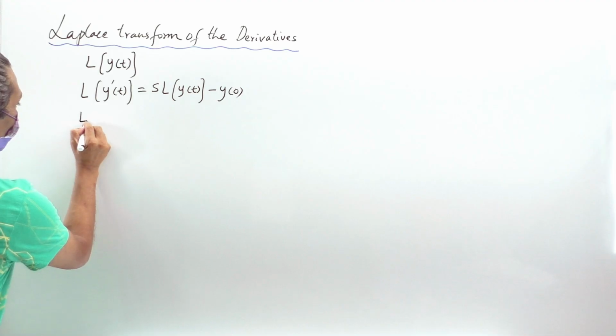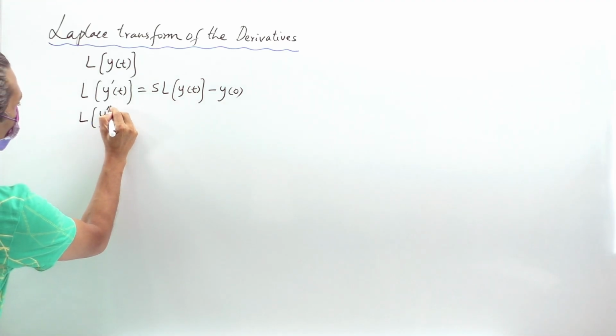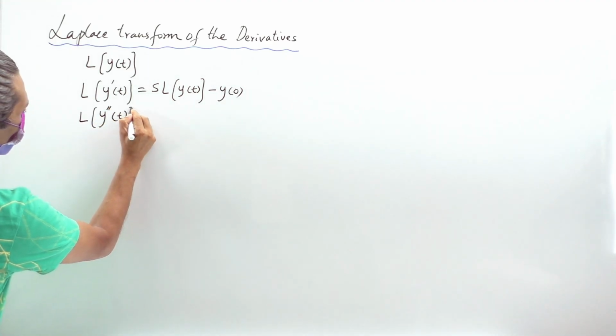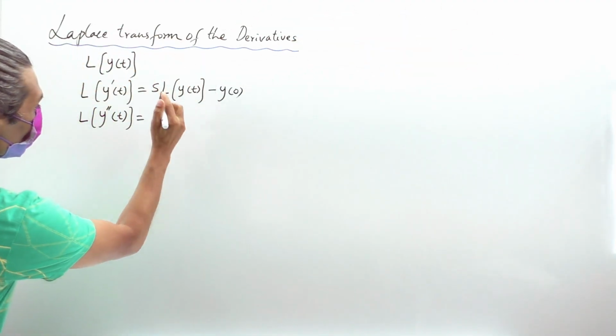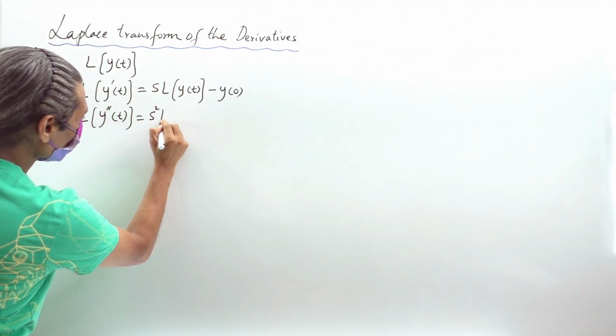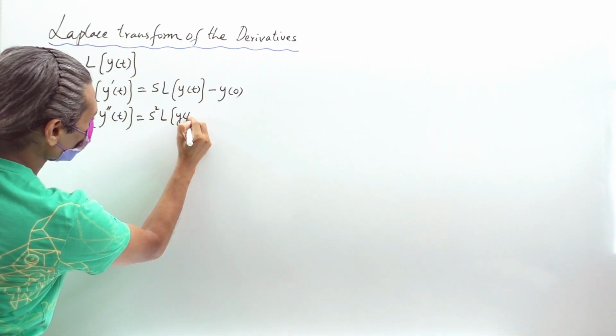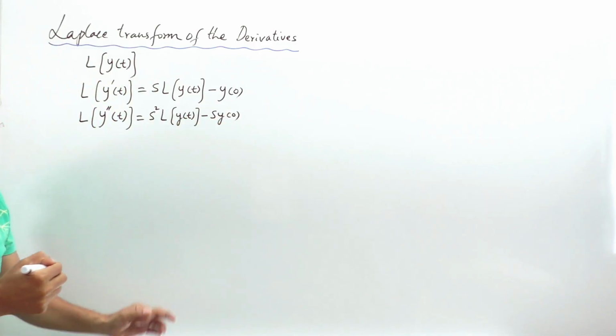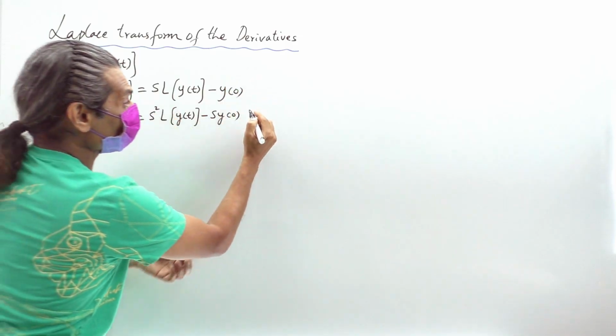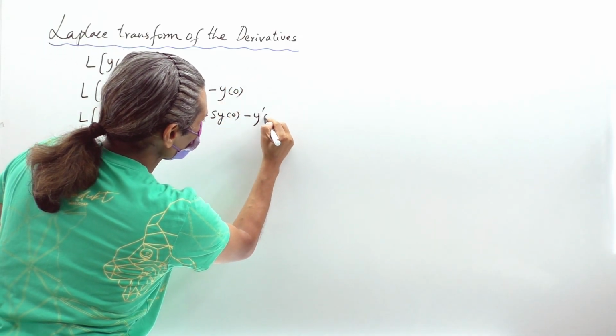Next, L of y double dash of t is simply written as multiply by s, that is s into s, which is s square L of y of t minus s into y of 0. Then one more, minus y dash of 0.